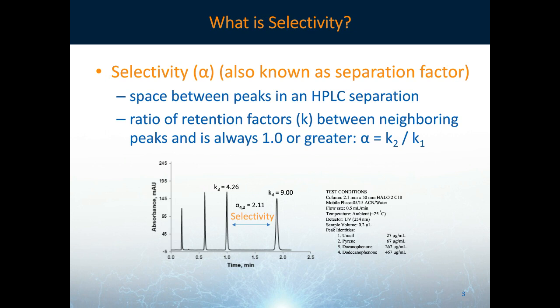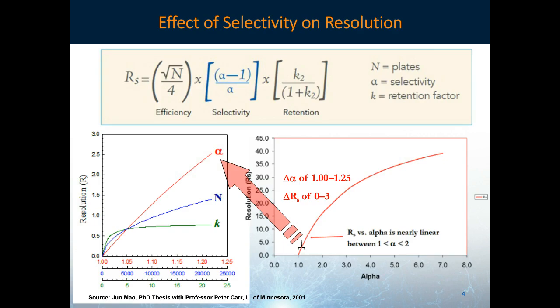So you might be thinking, that's great and all, but how does that really help my separations? Well, the interesting part is that the effect of selectivity on resolution is much greater than the other two terms that comprise the resolution equation. Here I have the resolution equation, which starts off with an efficiency term, where N is plates, then selectivity, symbolized by alpha, and then retention, where the retention factor is symbolized by k.